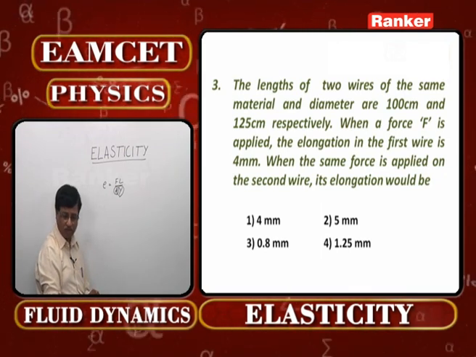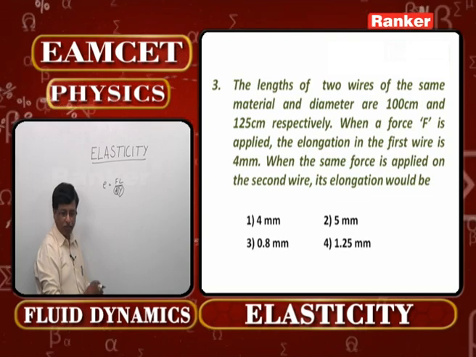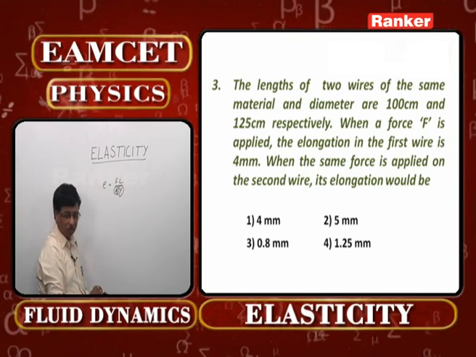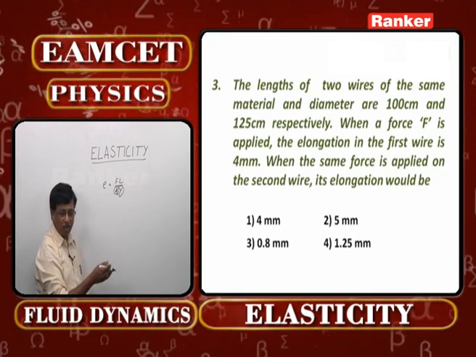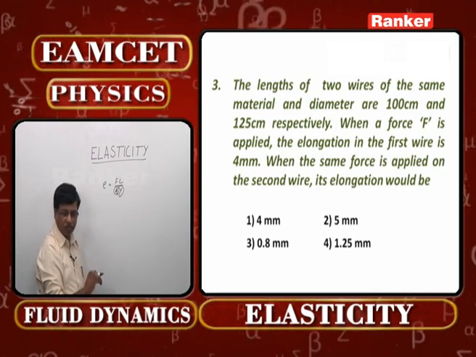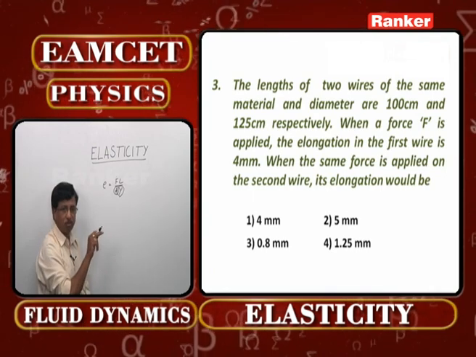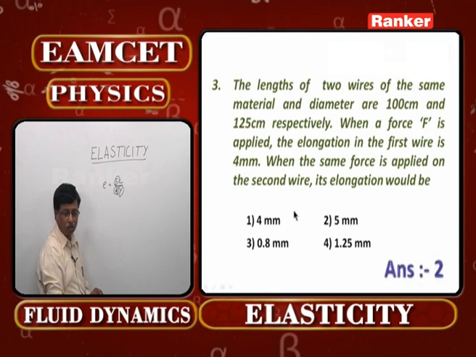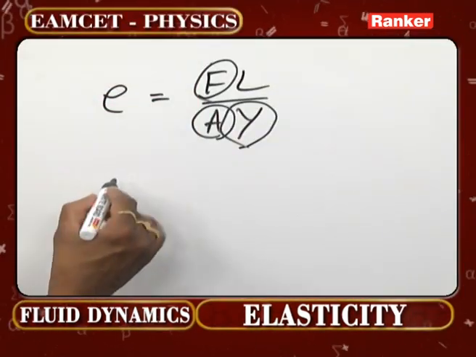You can definitely understand even that point also. When a force F is applied, that means the force is a variable you can think of. It is elongated by 4 millimeter. Which one? The first one. When the same force is applied on the second wire, that means force also is going to be constant over here. So what we should understand here now?